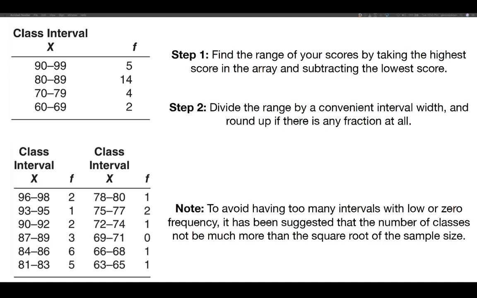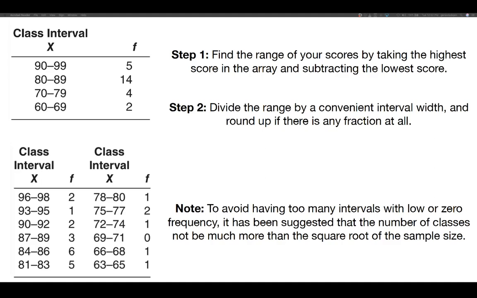So if you subtract 99.5 minus 59.5, that would be equal to 40. Now, step 2 tells us to divide the range by a convenient interval width and round it up if there could be a possible fraction.